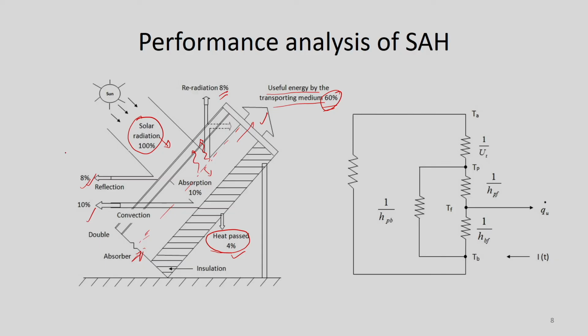So, all these things we can write in terms of thermal resistance. Okay. So, if we consider this Q_U, which is the useful heat gain, this is the amount of heat which goes out for utility. And what happens when solar radiation is falling on this device?